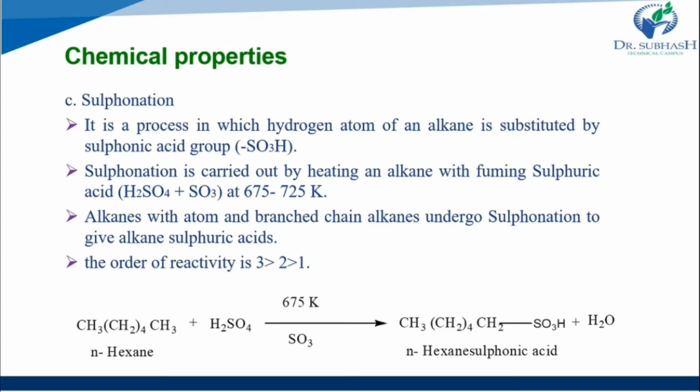Higher alkanes and branched chain alkanes undergo sulfonation to give alkane sulfonic acid. The order of reactivity is tertiary greater than secondary greater than primary. Here we take n-hexane and react it with H2SO4 in the presence of SO3 and high temperature, making alkane sulfonic acid, and one water molecule is removed.